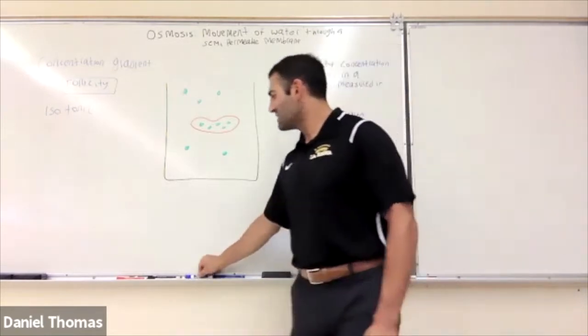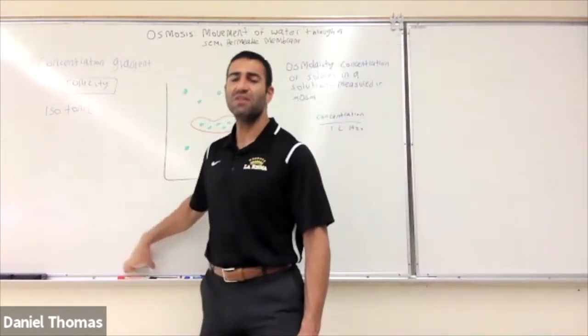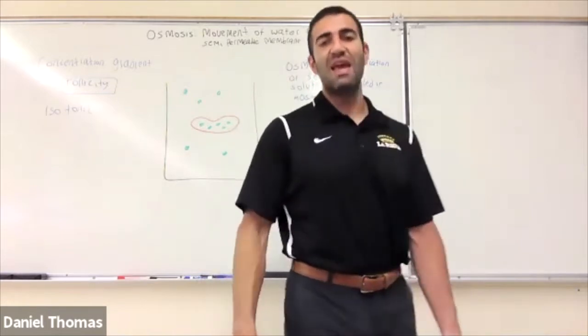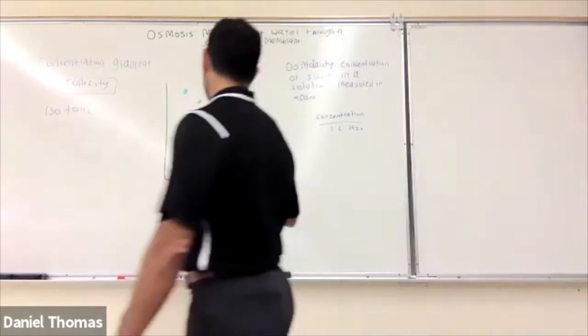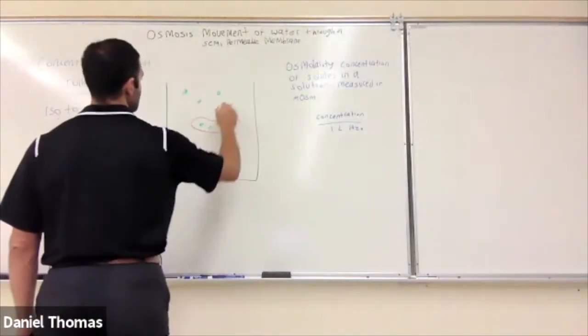All right, well, let's say that the nurse makes a mistake. Let's say that she's going to inject a 1.5% saline solution. So now we're going to add more molecules to our container.